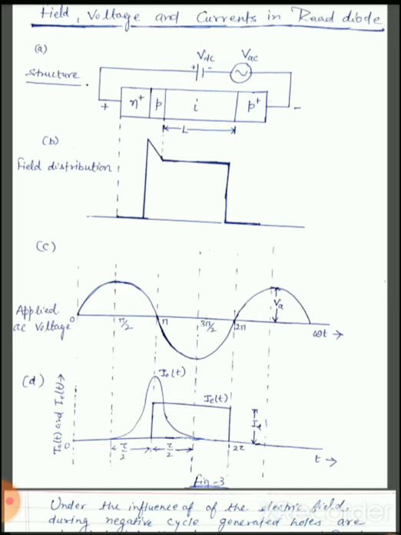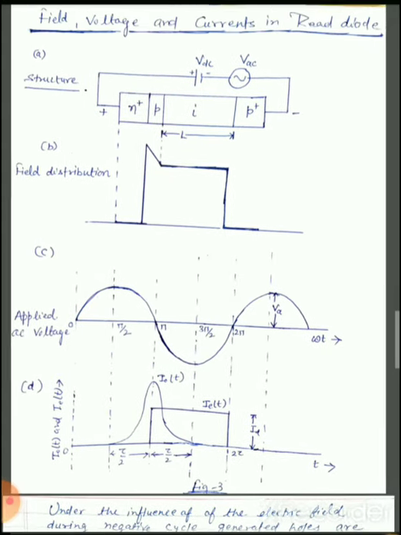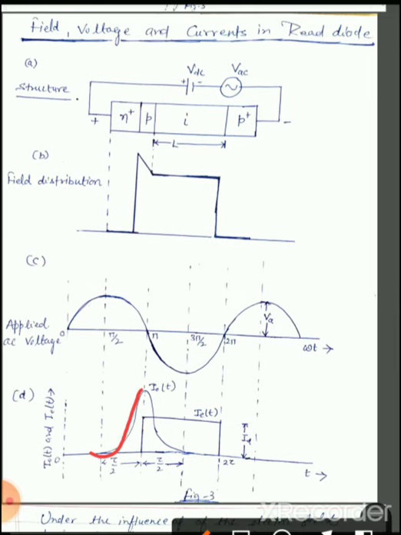This carrier current I0(t) has the form of a pulse of very short duration. I0(t) reaches its maximum in the middle of the AC voltage cycle. This is the complete cycle of the applied AC voltage, and this carrier current reaches its maximum value at the middle of this cycle.